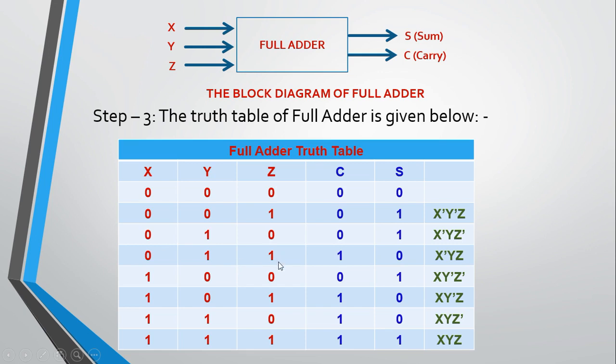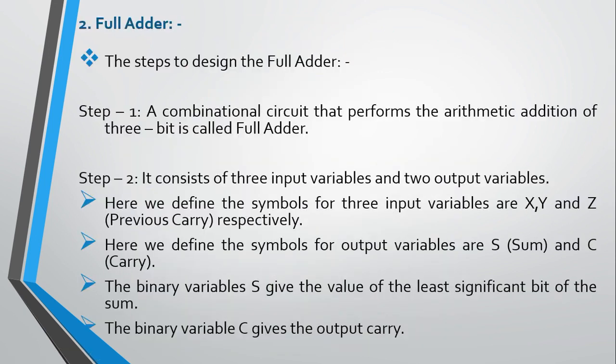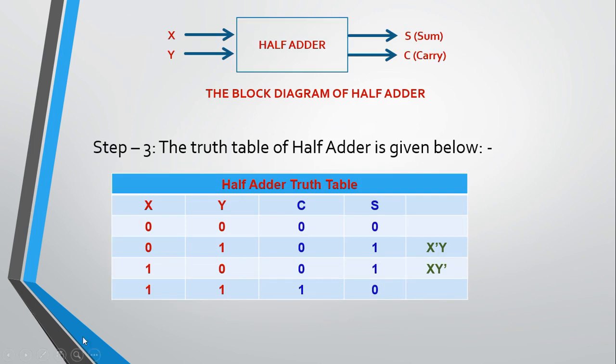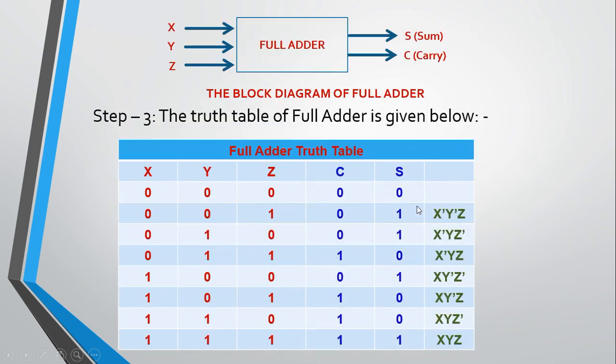In this particular case, see the previous table of half adder. What will be the output of 2 times 1? There is a carry 1 and sum 0. So for that you need to write sum as a 0 and carry 1. Over this, in this combination there is only 1, so output would be 1.